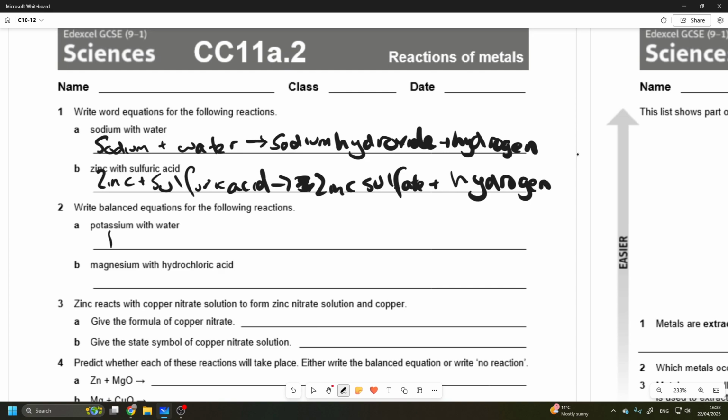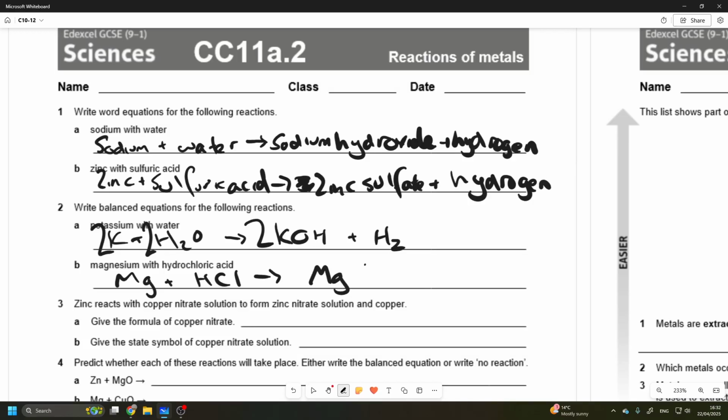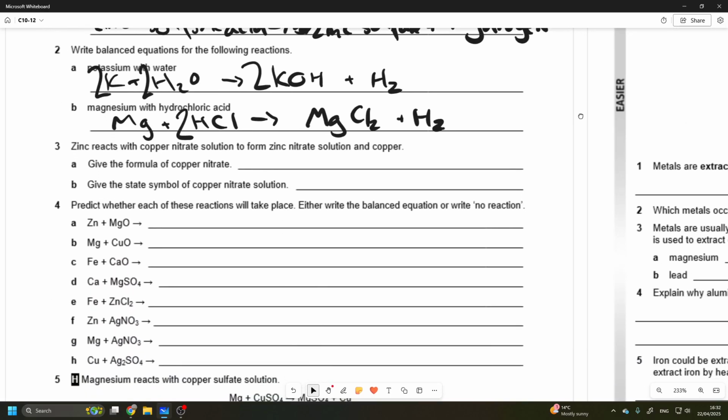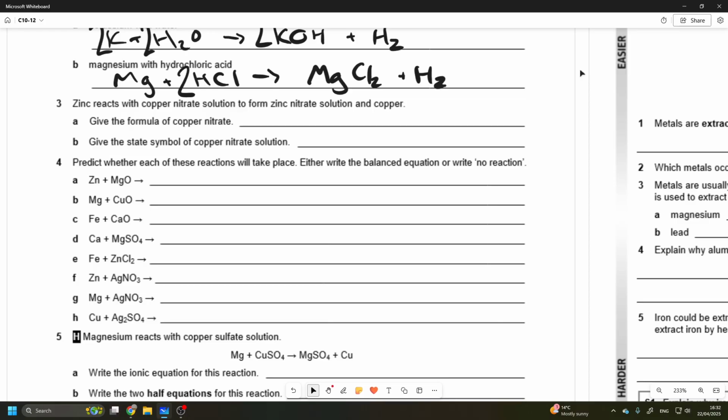Right, balanced equations. Have K plus H2O gives you KOH plus H2. What we now need to do is we have two of them, and two of them. Okay, Mg plus HCl will give you MgCl2 plus H2. Two of them, make that work. It says zinc reacts with copper nitrate to form zinc nitrate and copper.